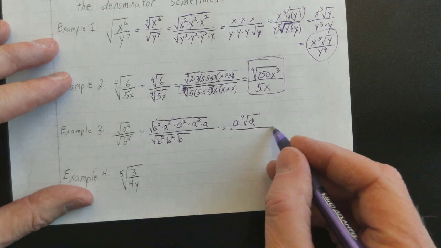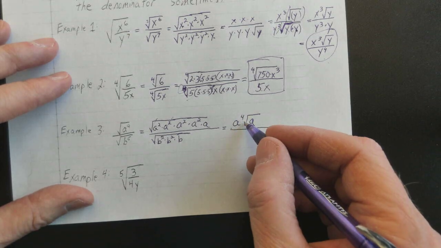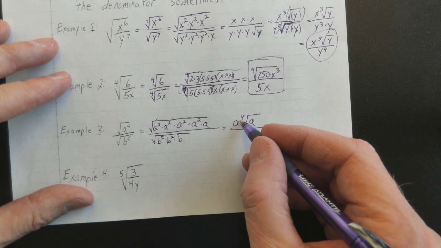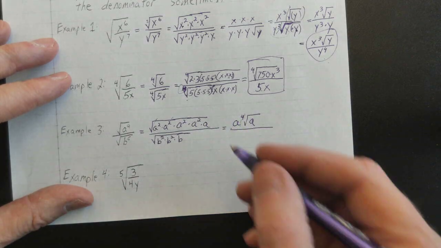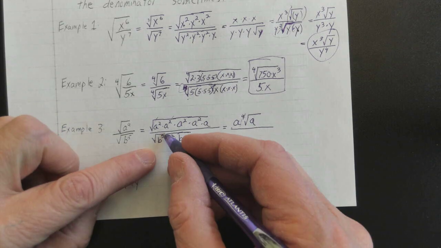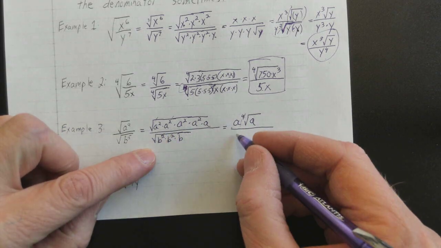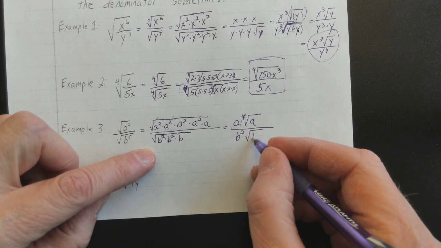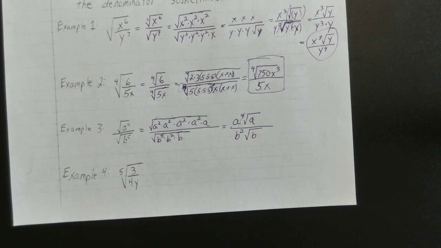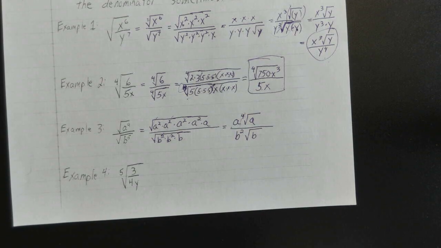You're good with that? And I got to be careful. That 4 almost looks like the index of this radical, and it's not. It's the a to the 4th power. And then I got a b times b. So there is b squared, but I still have the square root of b. Are we allowed to have a radical in the denominator for simplified version? No, we're not. We're allowed to put something on it, though.